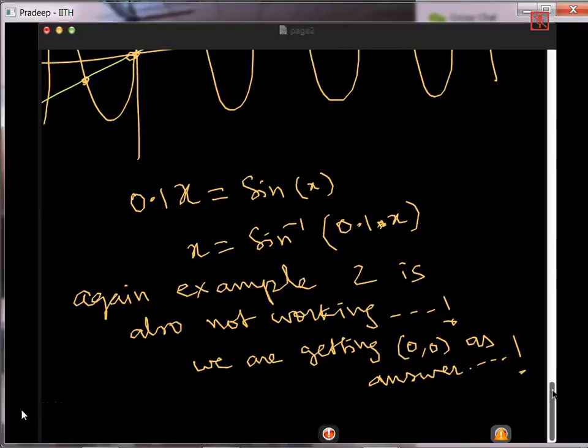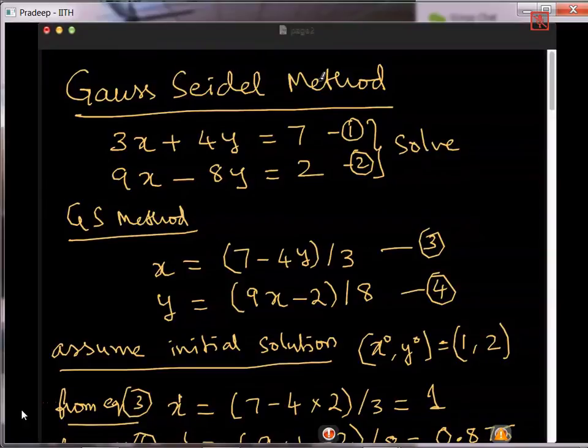Anyway, since it is the Gauss Seidel method, let's come back to this again. Otherwise, what I know will work nicely is our problem itself. So let's go back and solve our problem itself. Let me just open my problem.